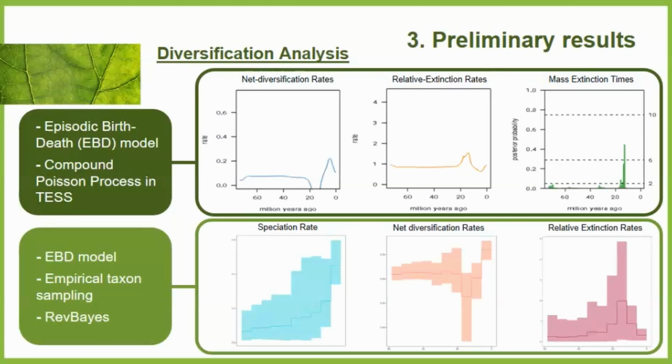And the lower ones are done in RevBayes. They are quite similar, but the ones in RevBayes include another dimension. They also take into account the percentage of sampling that you have for each of the clades that you are targeting, so they include the bias in your sampling.